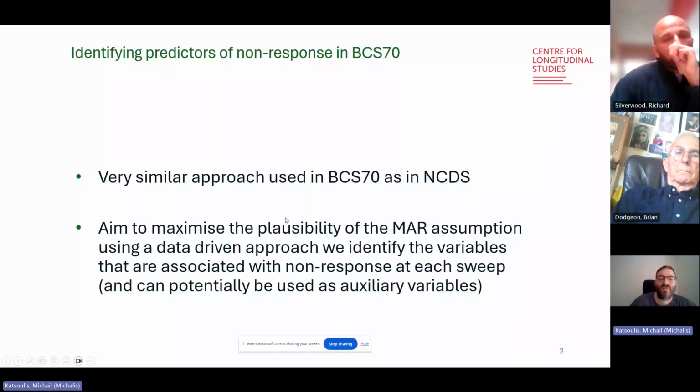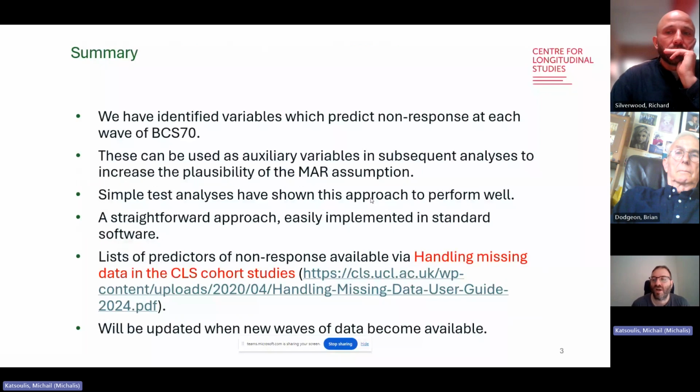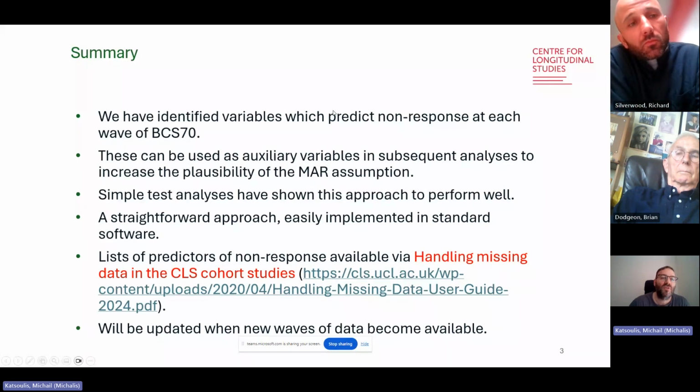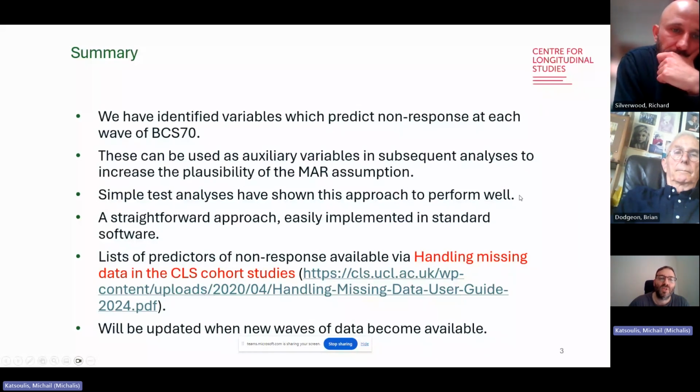We identified the variables that were associated with non-response at each sweep, so these variables could potentially be utilized as auxiliary variables in the models. In brief, we have identified variables which predict non-response at each sweep of BCS70, and those variables can be used, as we said before, as auxiliary variables in subsequent analysis to increase the plausibility of the MAR assumption.